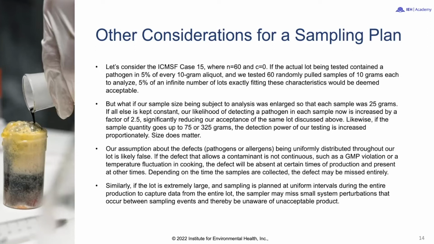And let's assume in those small cases where the pathogen is uniformly distributed throughout the product, if we take 60 samples and each sample weighs 10 grams when we analyze it, and somehow we knew ahead of time that in that large lot, 5% of every 10 gram aliquot actually had a pathogen in it.